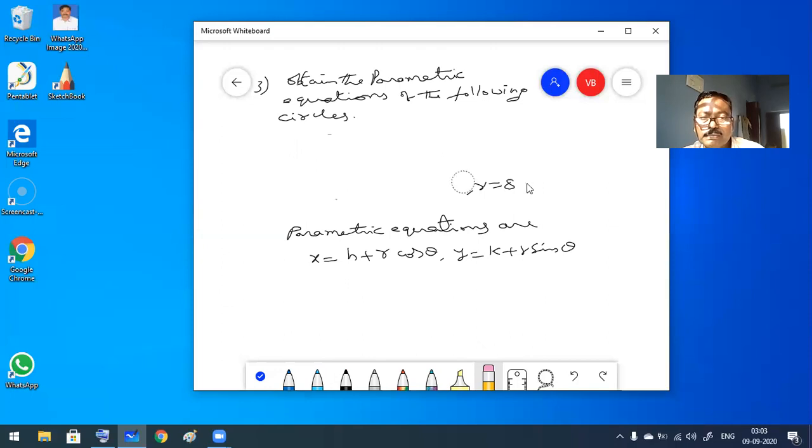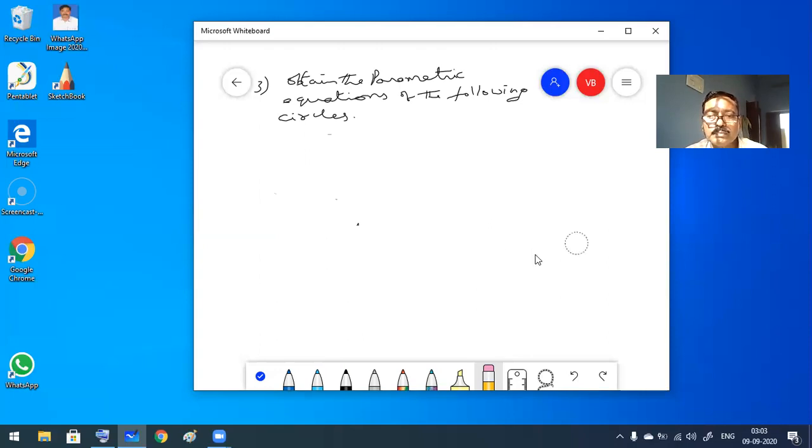We will go to the next problem. Next, the fourth one: x square plus y square minus 4x minus 6y minus 12 is equal to 0.